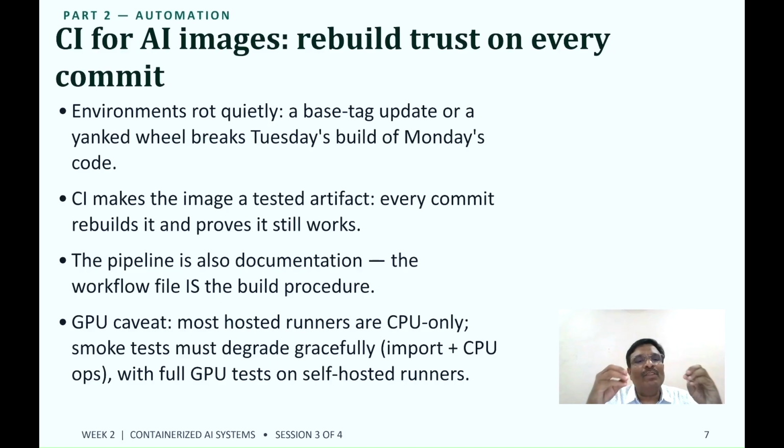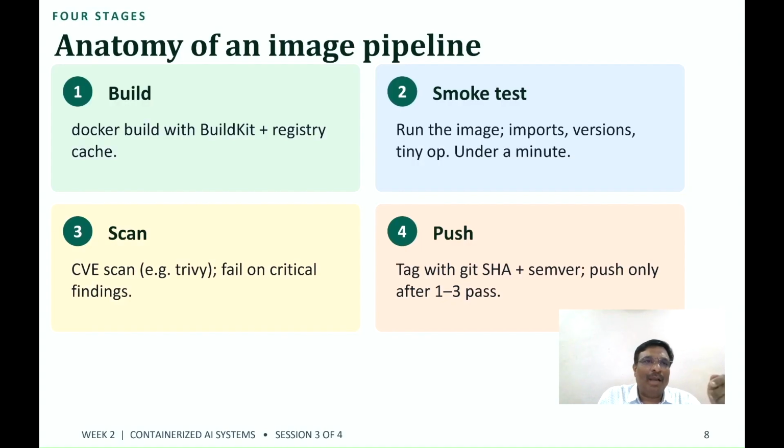So one of the things we should understand is that we have to specifically install the libraries and packages which are meant to be running on GPUs. Okay. So this is what it means. These are certain things we should keep in mind.